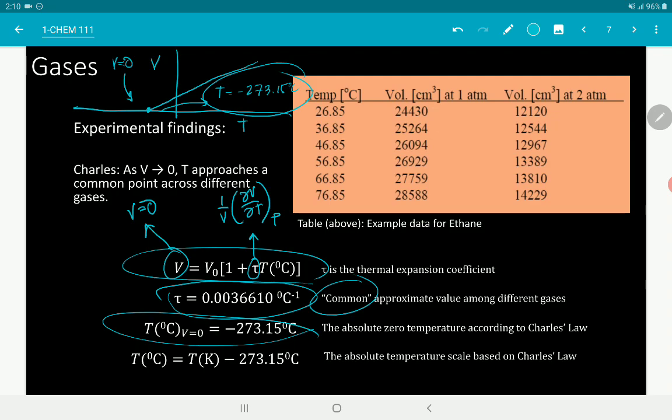So, pwede na tayong gumawa ng temperature scale na merong lowest value. Okay, ito na lang kaya yung gawin nating 0. Okay, so gumawa si Charles ng Kelvin temperature scale, or at least mga colleagues si Charles, or yung mga scientists after him, gumawa sila ng temperature scale na meron ng lowest value. So this is 0 Kelvin. Okay, so you know this already. Kelvin is degrees Celsius plus 273.15 degrees.